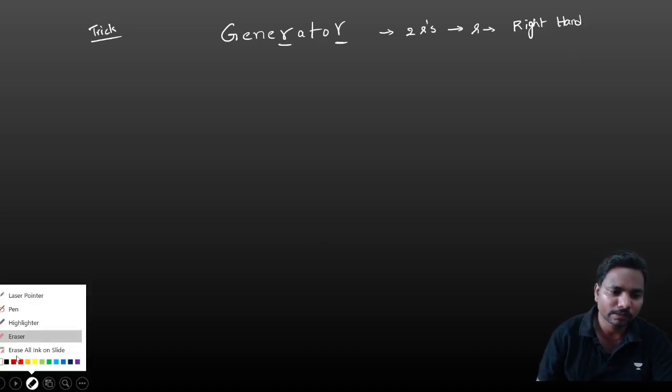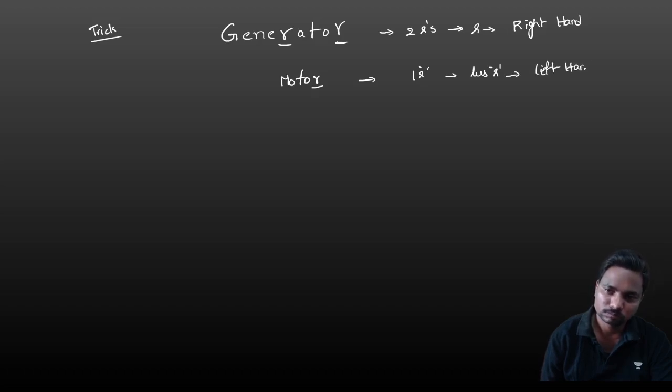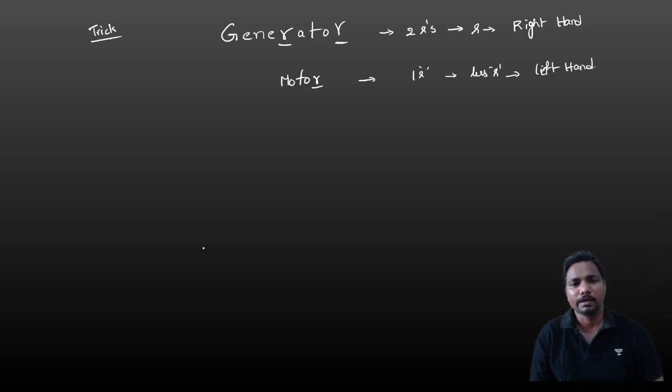In case of motor, just one R only, less R, so that means it will be a left hand. That is a small trick to remember. So more R's means right hand rule is the domination. Fleming's right hand rule is used in the generator. Motor, left hand rule. All of you got it? It's a very important thing, left hand and right hand rule and their indications.